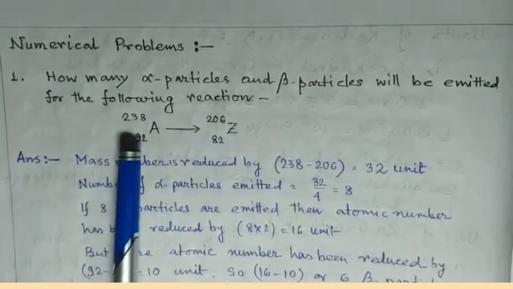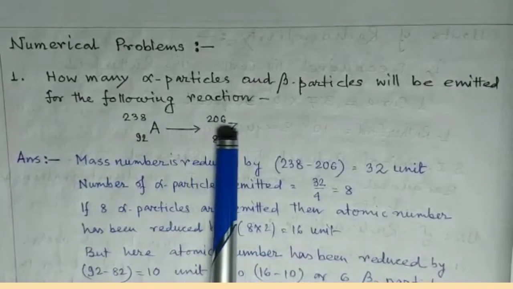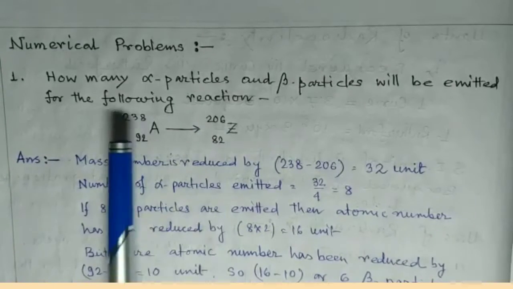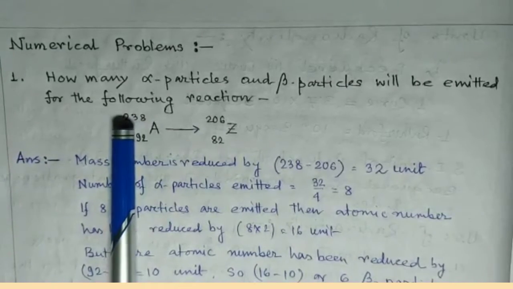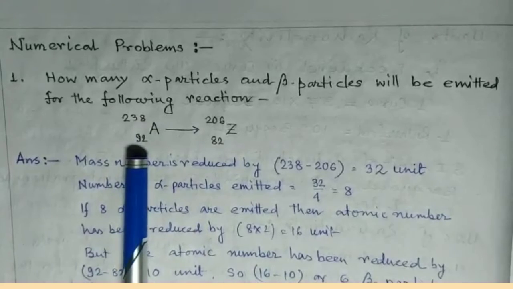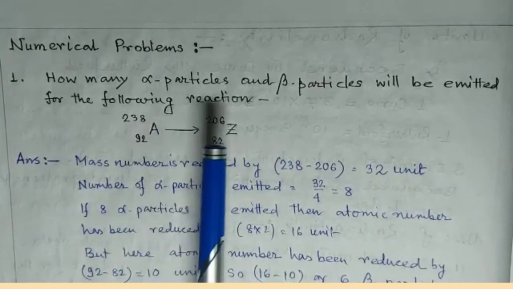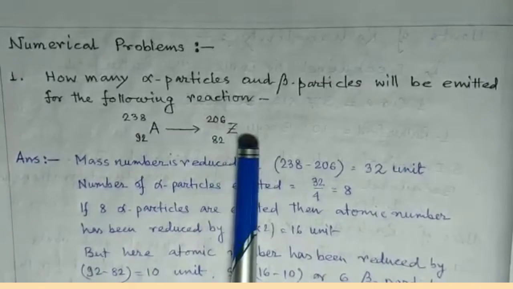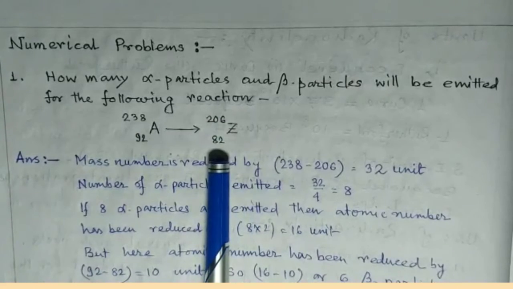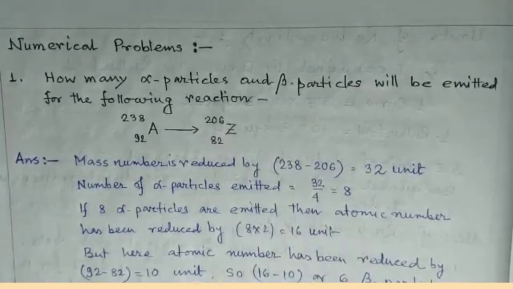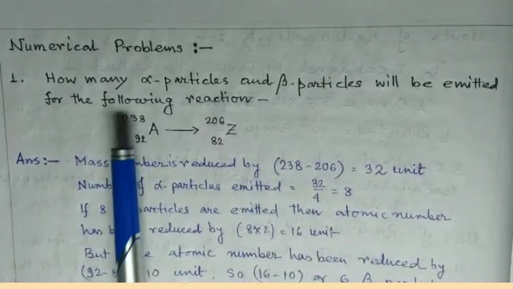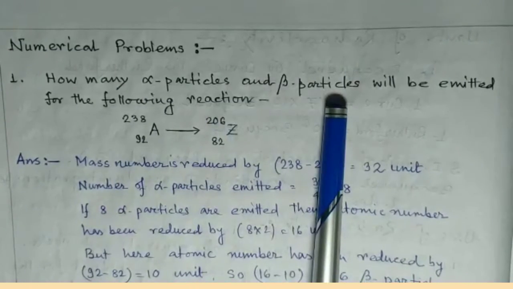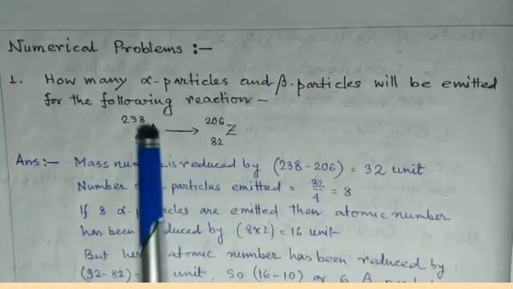A 23892 and the product is Z 20682, where 238 is the mass number and 92 is the atomic number. Here the 206 is the mass number of Z and 82 is the atomic number of the product. We have to find out the number of alpha particles and beta particles will be emitted in this reaction.